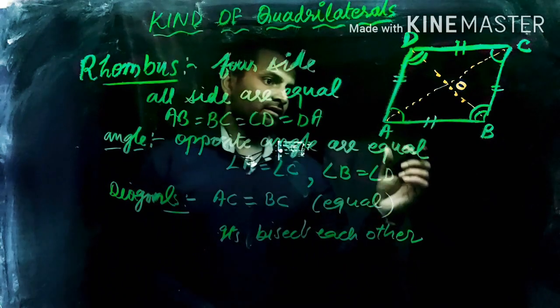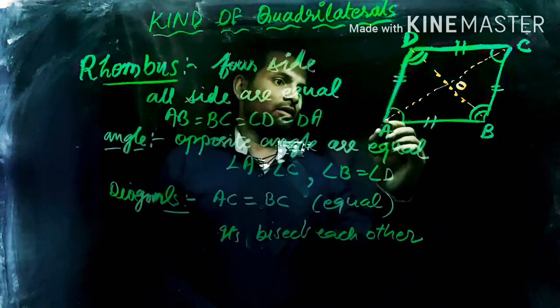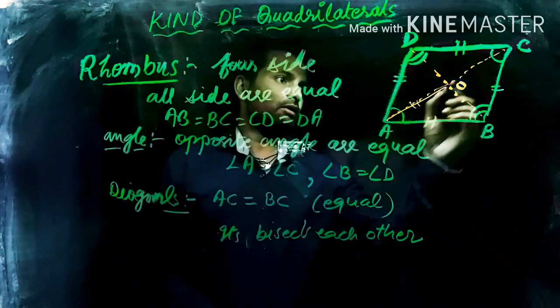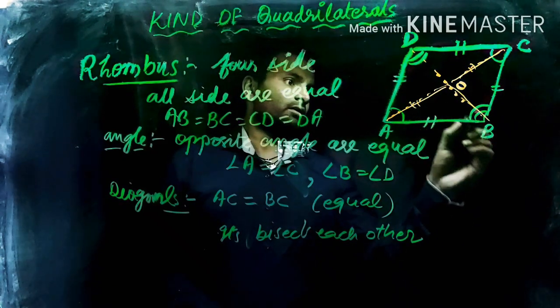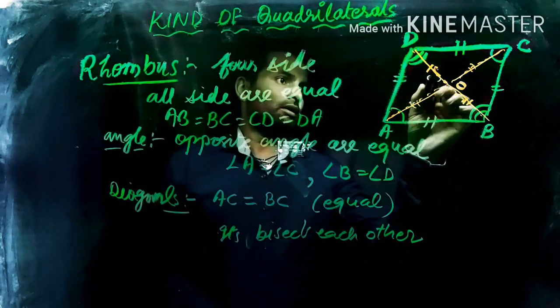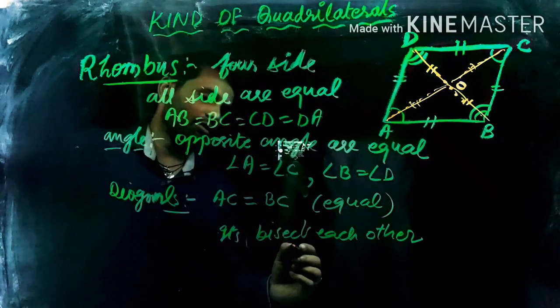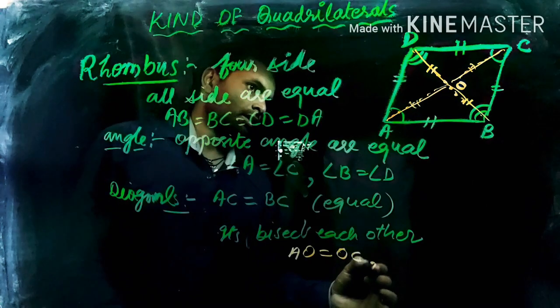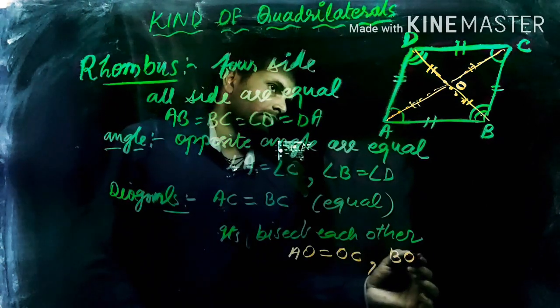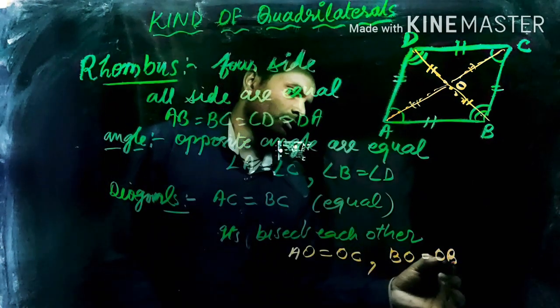Bisect each other means that this part is equal to that part. You write AO equal to OC and BO equal to OD.